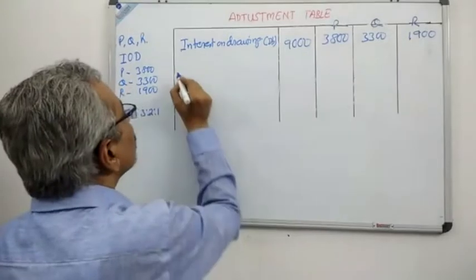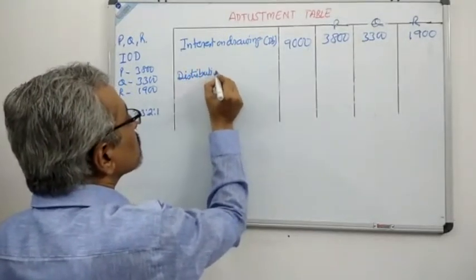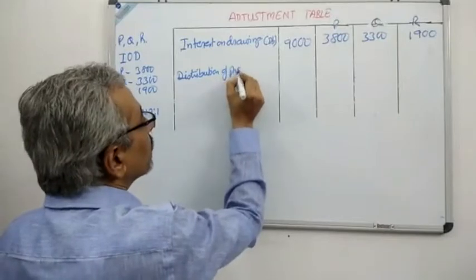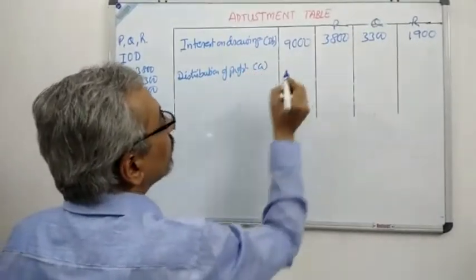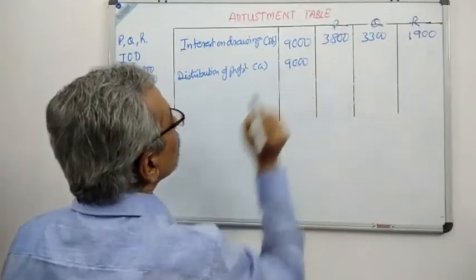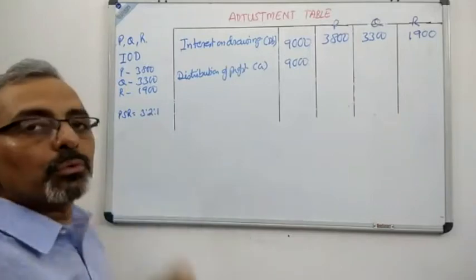Now if you distribute the profit, distribution of profit in taking 9,000, that will be the credit. So 9,000 over here. Let us see very carefully in the ratio of 3:2:1.